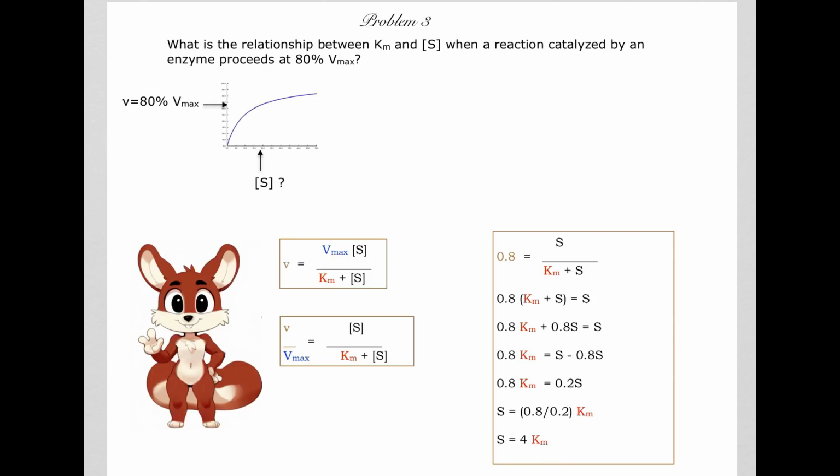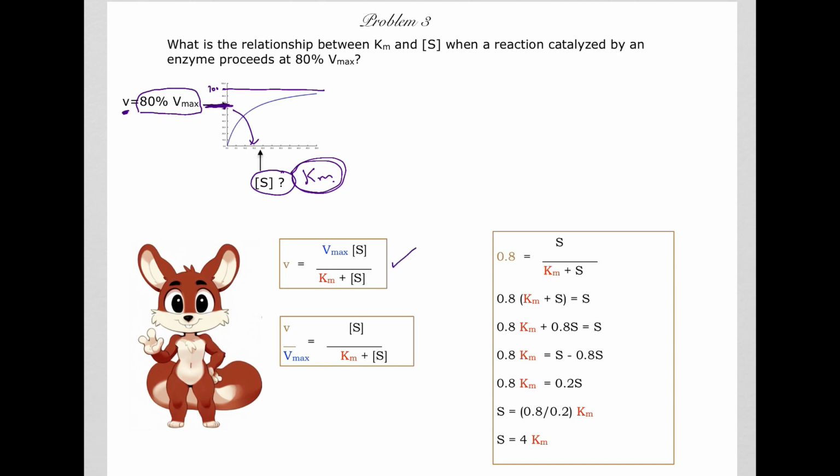So basically, the question is asking, what is the relationship between substrate concentration and Km when the reaction velocity is 80% of Vmax? Okay, so instead of 100% Vmax, it is only at 80% Vmax.